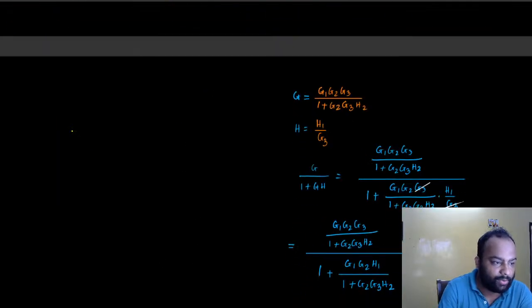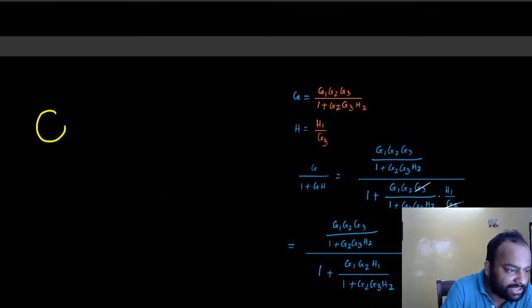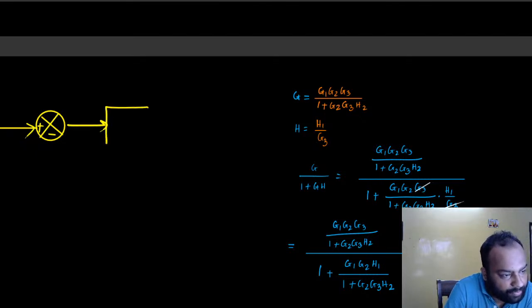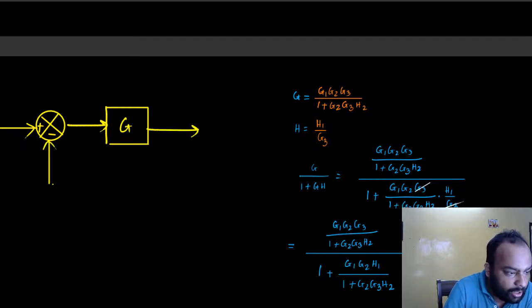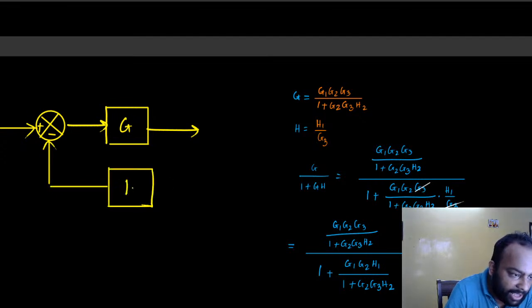So let me just draw it once more. What we essentially have is something like a feedback loop. Look very carefully. I have a transfer function G that generates an output, and usually I do have a feedback transfer function as well, H, that takes the output and feeds it back to the input with a comparator, and this is x and this is y.